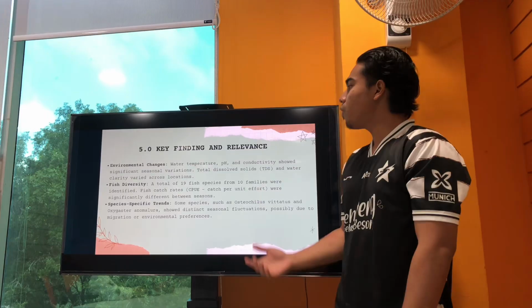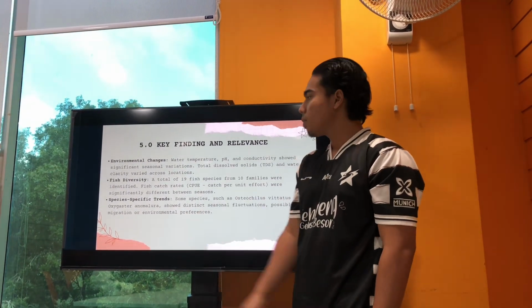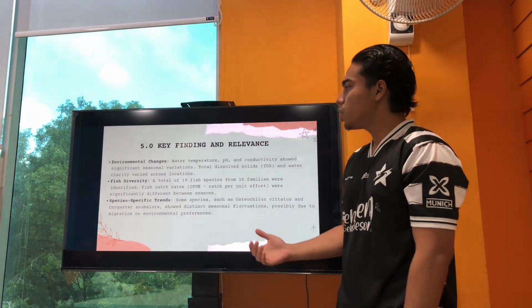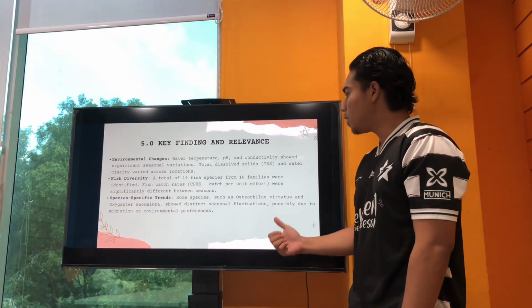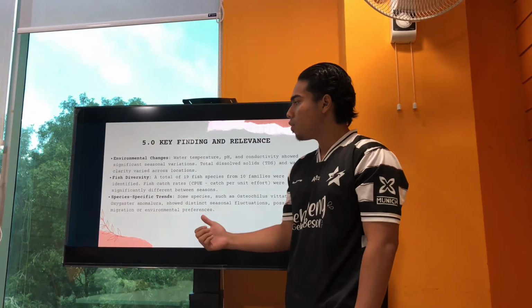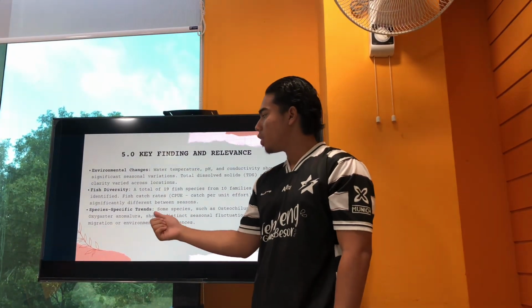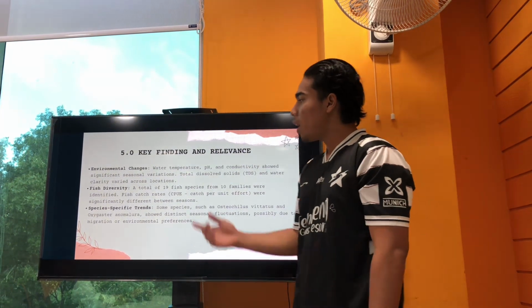Next, for the key findings and relevance, the first one is environmental changes. Water temperature, pH and conductivity show significant seasonal variation. Total dissolved solids (TDS) and water clarity vary across locations. Second is fish diversity. A total of 19 fish species from 10 families were identified.